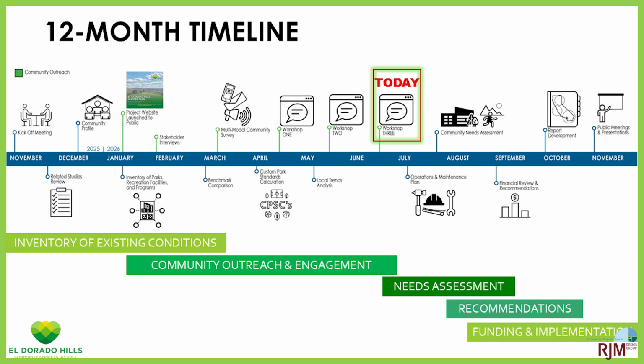We kicked off in November 2025 and expect to go to the Board of Directors with the final report by the end of the year 2026. We started with the community outreach in January with the kickoff of the project website, and through July we have had several community workshops, community surveys, and outreach to hear from everyone in the community.